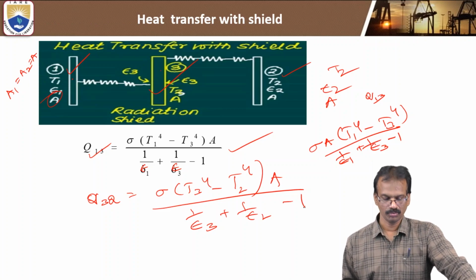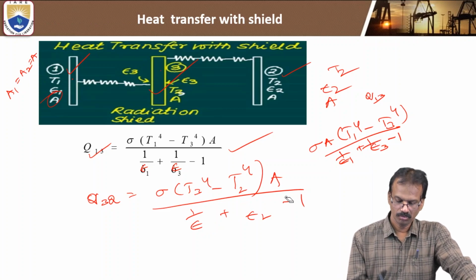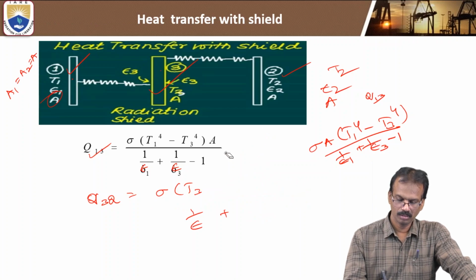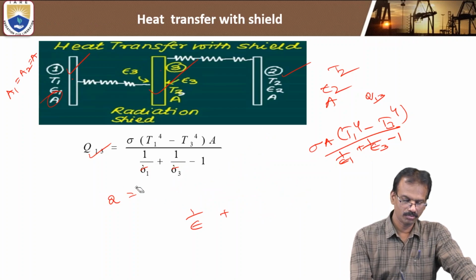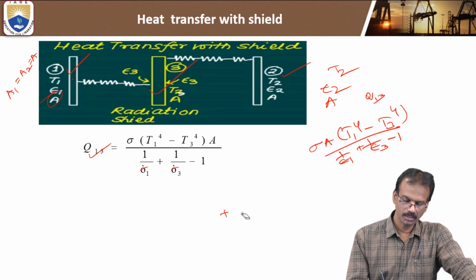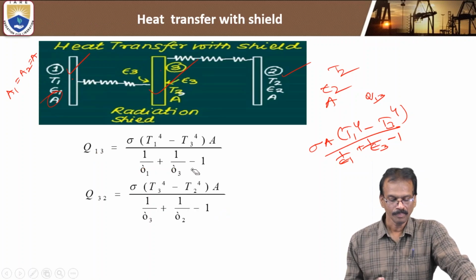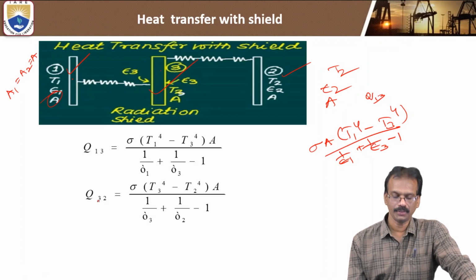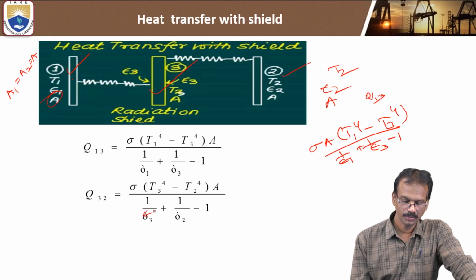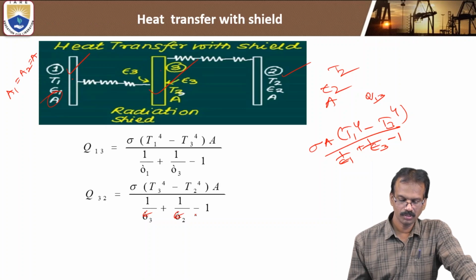We can observe this clearly here, with epsilon 3 and epsilon 2. So this is the formula.